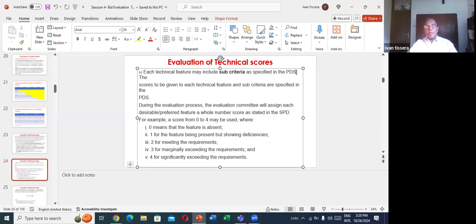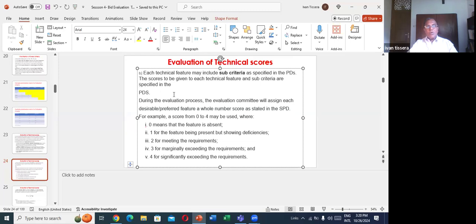PDS means a simple document, the procurement documents. The score to be given to each technical feature and sub-criteria are specified in the PDS.